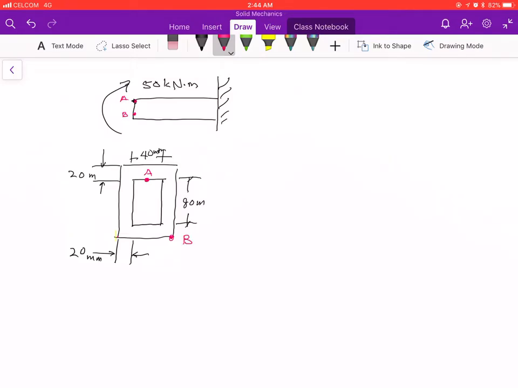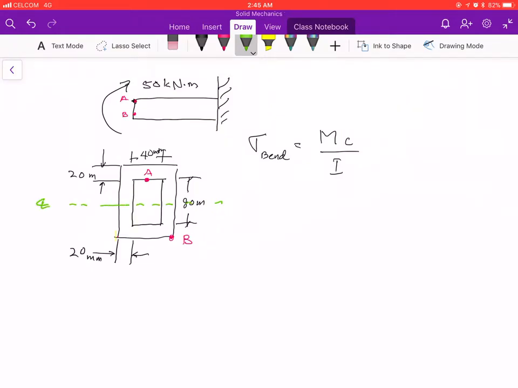Now, the first order of the day is to find out the moment of inertia, because in order to get the bending stress for this type of problem, the bending stress is the moment times C over I, and C here is the distance from your center.